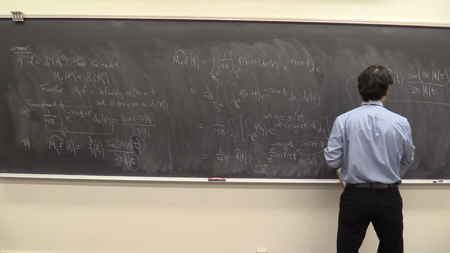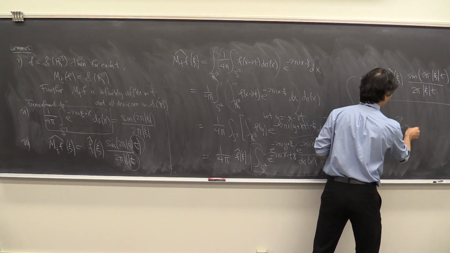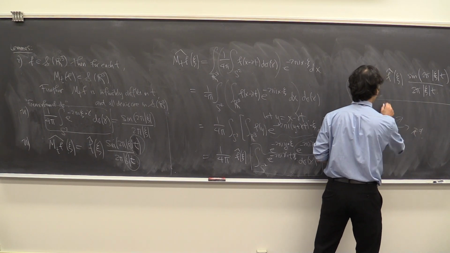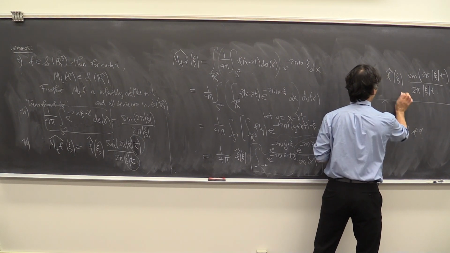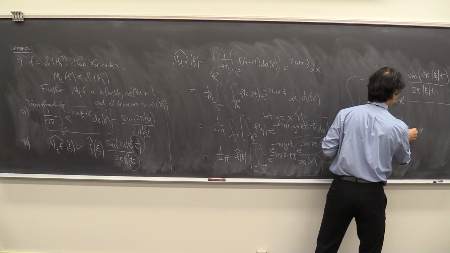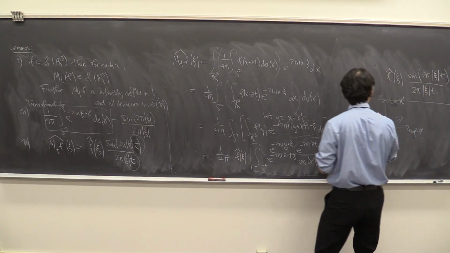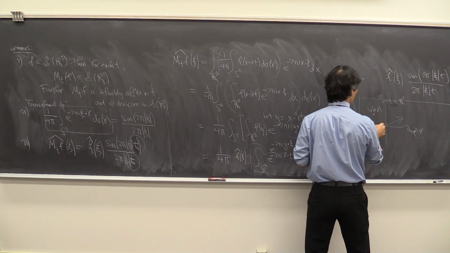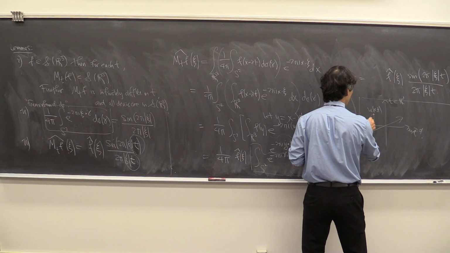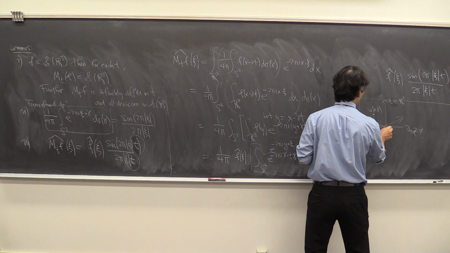Along the lines of the comment they make, what we said before, that this is time and this is space, right? The solution at this point depends on the data back here.